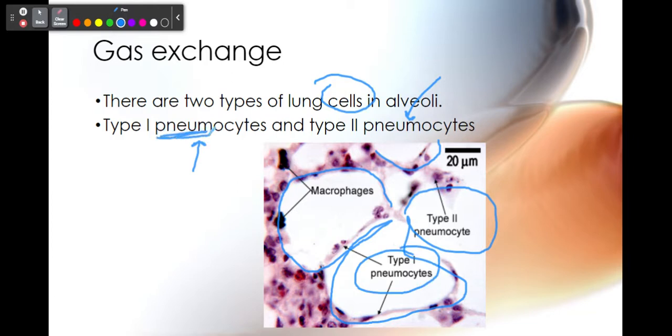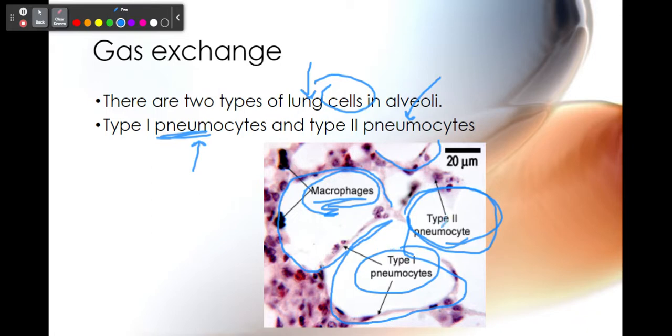Pneumo is kind of like pulmonary, it's related to the lungs. We also have oodles of macrophages. Macrophages aren't exactly lung cells. They're immune system cells, and their job is to gobble up pathogens. We breathe a lot of gunk, and the macrophages are going to jump on those things that we don't want to be transferring into our bloodstreams.